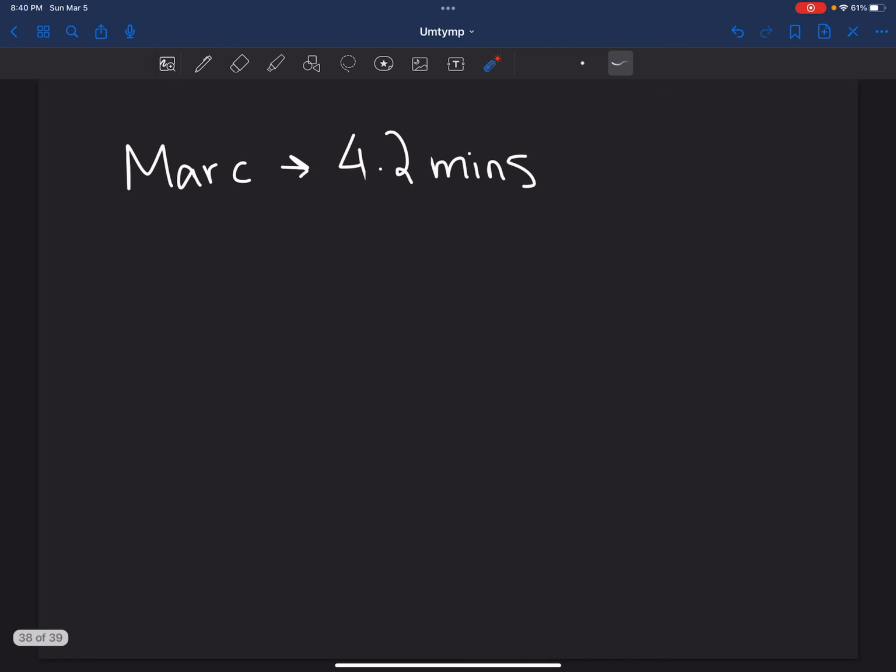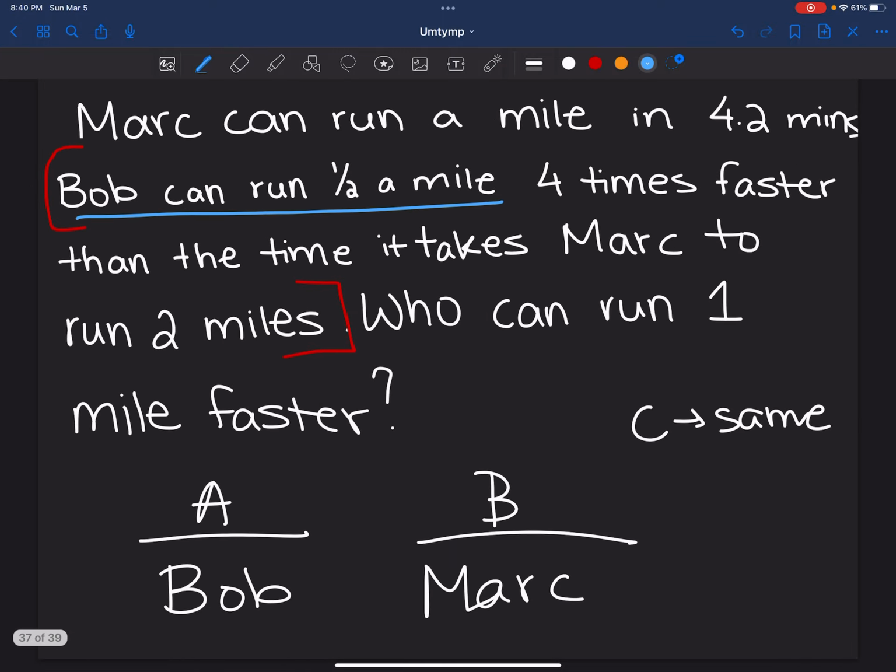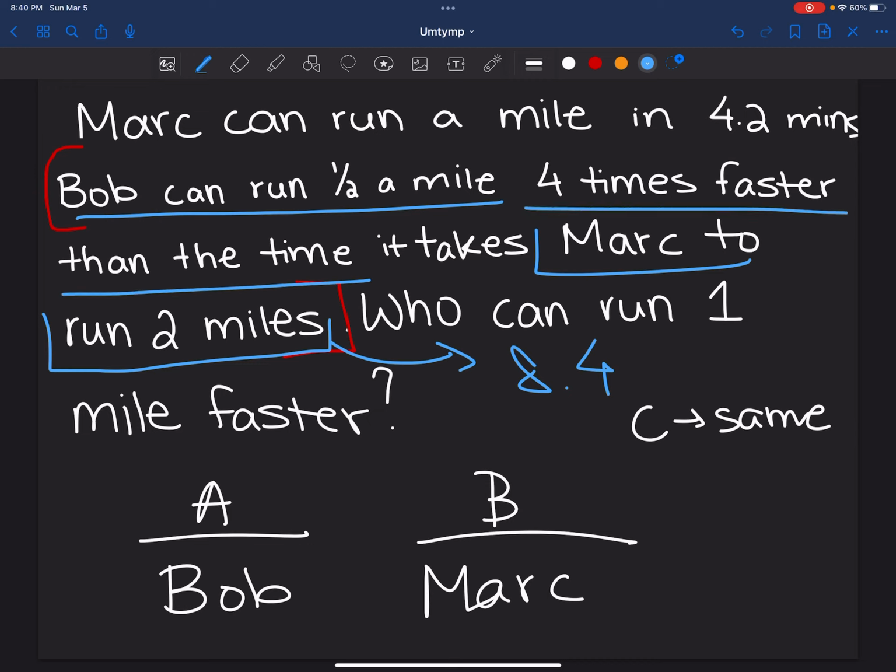We know Mark can run 1 mile in 4.2 minutes, so 2 miles is going to be 4.2 times 2, which is 8.4. So we know that this is 8.4. Bob can run 4 times faster than the time it takes Mark to run 2 miles.